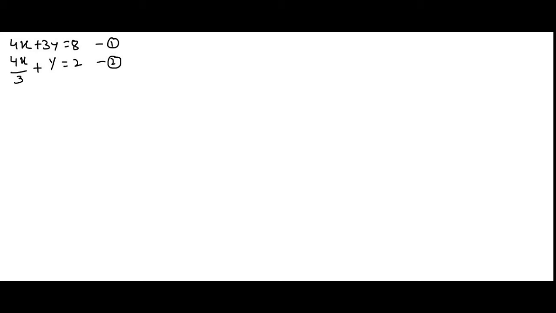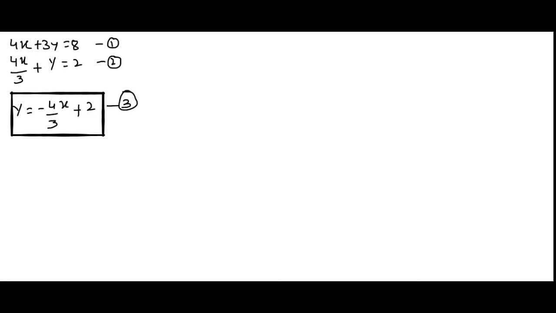Now equation 2 will be written in slope intercept form as y is equal to minus 4x over 3 plus 2, and mark this equation as 3 and put equation 3 in 1 and simplify.